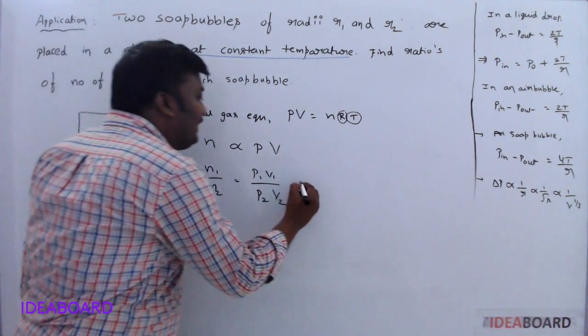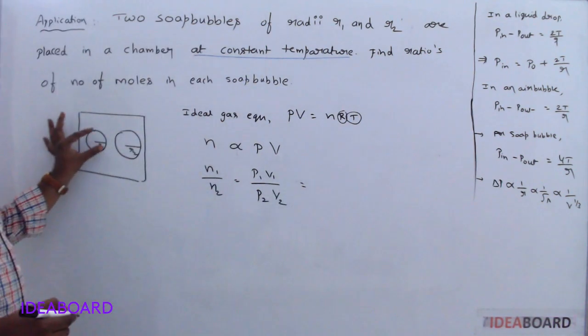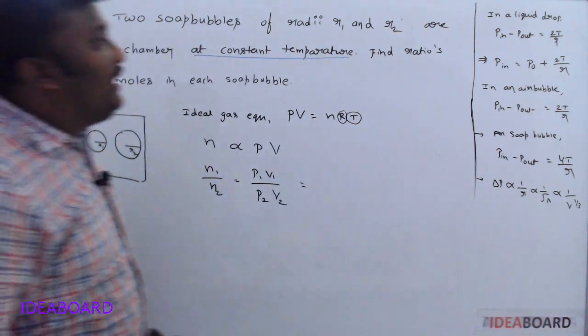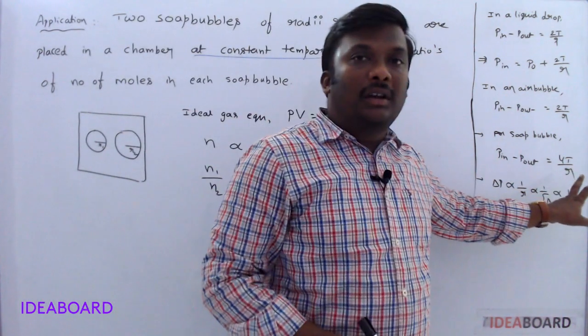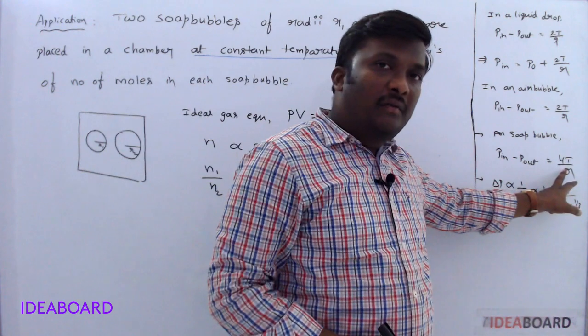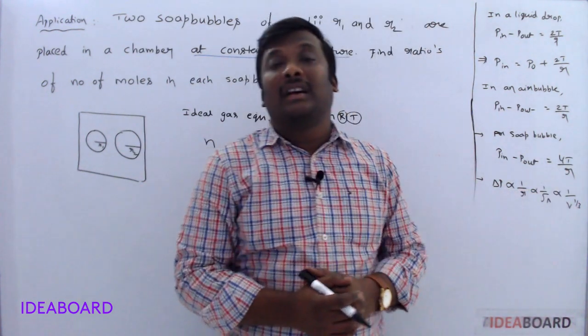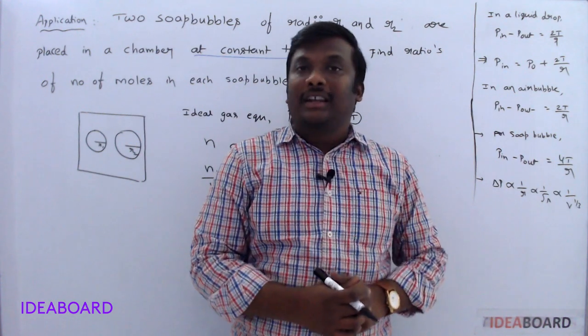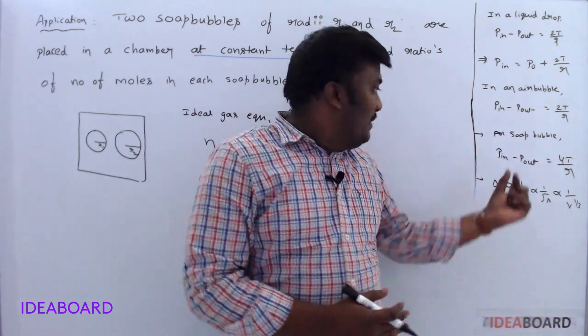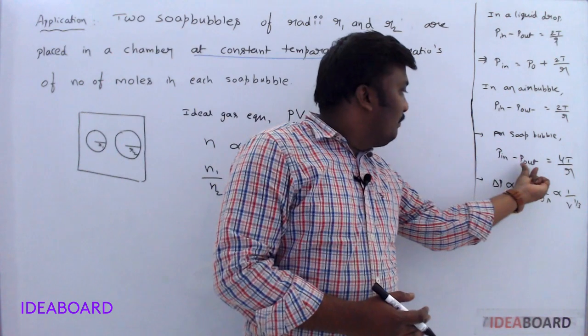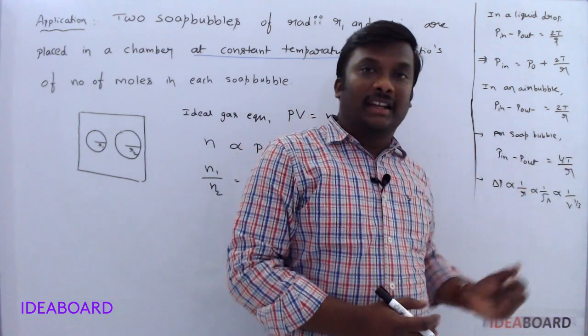Now what is the pressure of this soap bubble? 4T by R is the formula for the excess pressure, not the pressure inside the soap bubble. For the pressure inside the soap bubble, P naught will be taken that side.